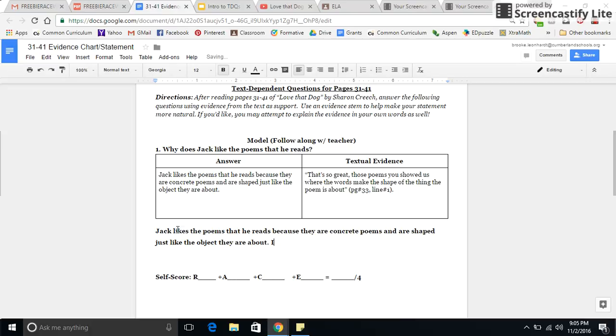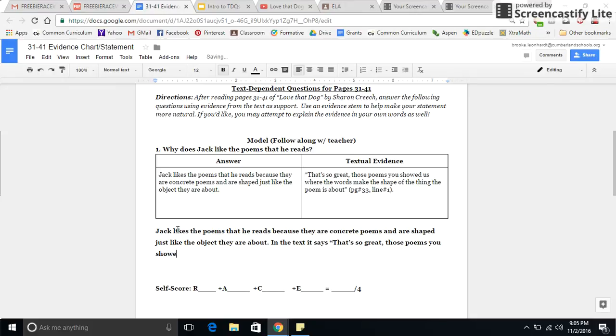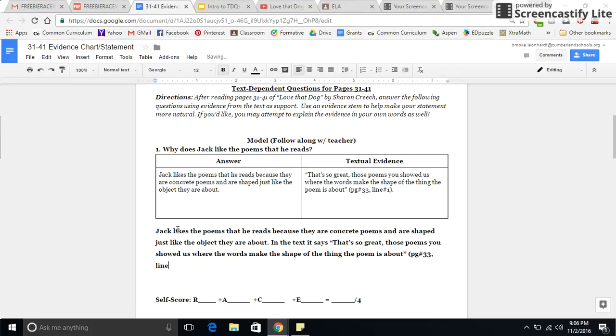In the text, it says, there we go, I'm not just quote bombing. "That's so great. Those poems you showed us where the words make the shape of the thing the poem is about." Close quotation marks. Page number 33, line number 1.